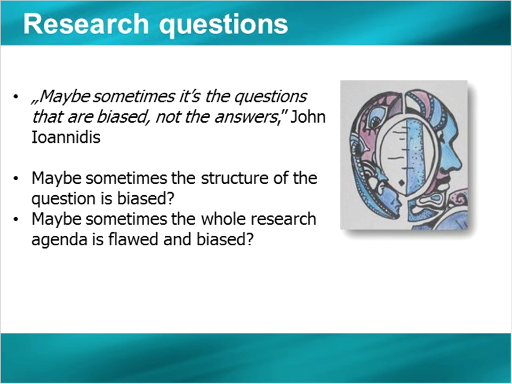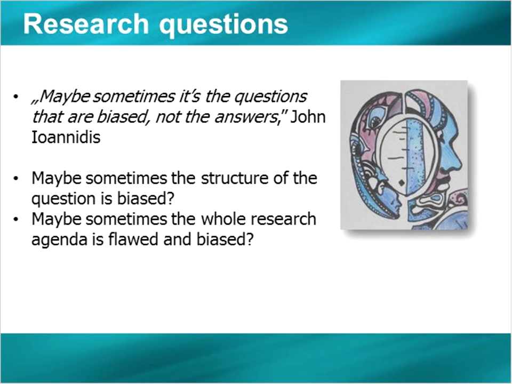I'll start with some very basic issues about priority setting. One of our favorite quotes that we use in the Cochrane methods groups is that in a collaboration we all look at bias in primary studies, but sometimes we might look back and see that the bias actually is not in the answer but in the question itself.